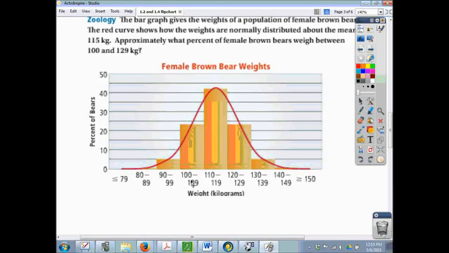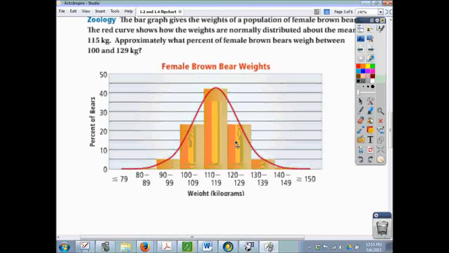What percent weigh between 110 and 119? 42 maybe, I don't know, let's say 42. So we said 23, this one was 42, and now what percent would lie between 120 and 129 kilograms? What does that look like? About 23.